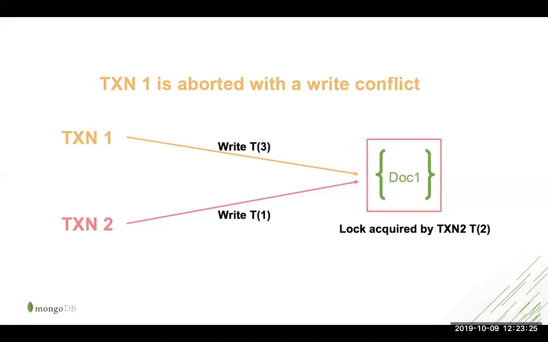This is to proactively prevent deadlocks from happening in the system. It's also why write conflicts are considered a transient transaction error in MongoDB. If you have a contentious document with many concurrent writes happening on the same document, that could lead to write conflicts, and we should be prepared to retry them client side if you get those errors.